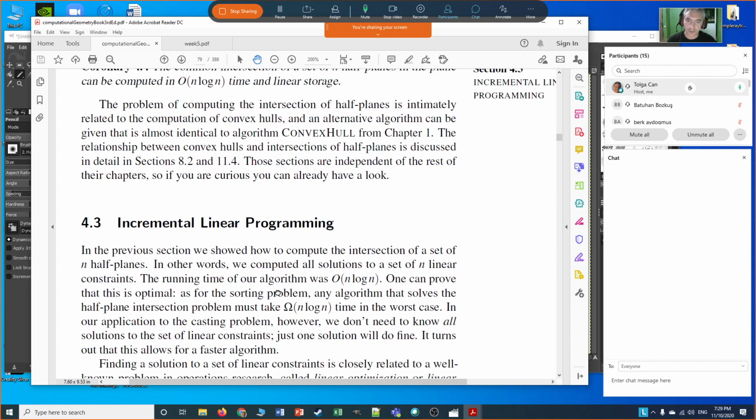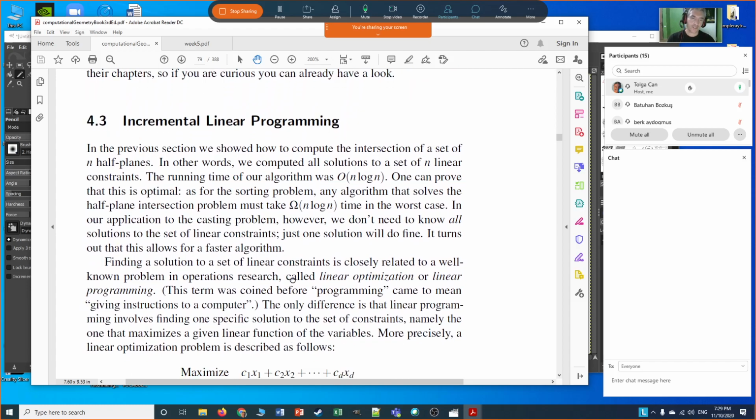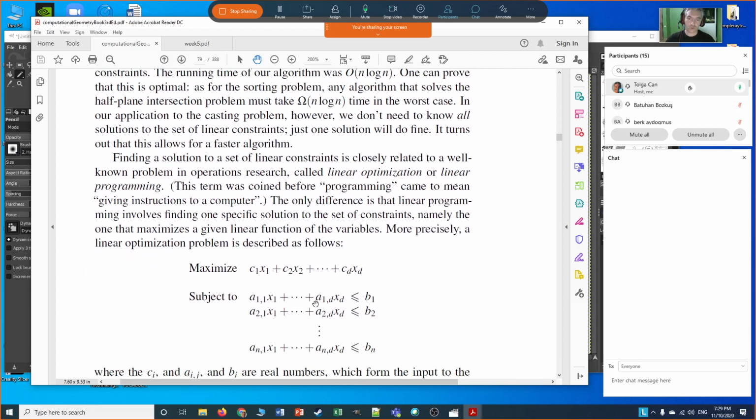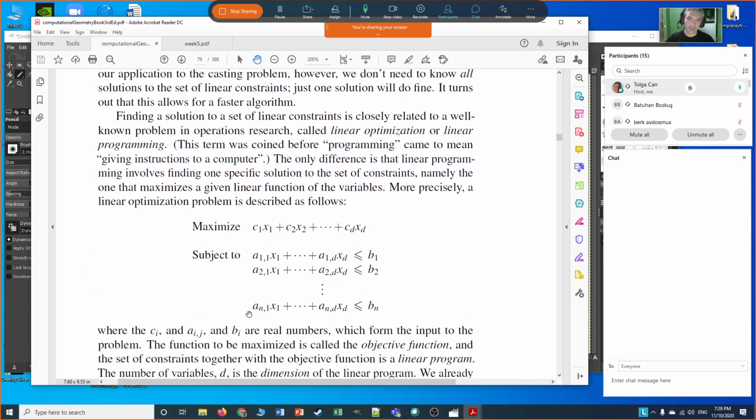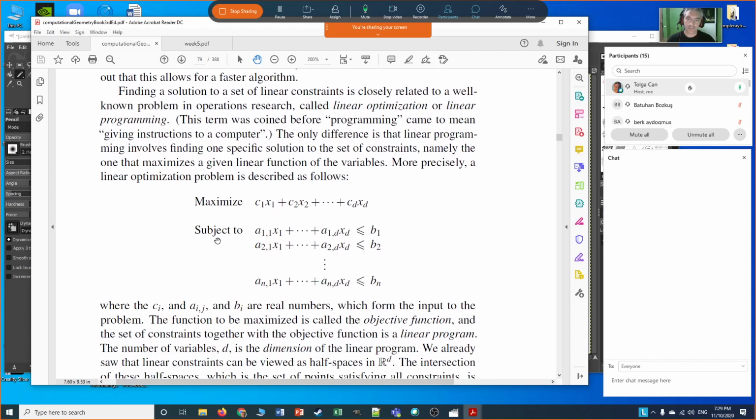Now, here is the part that I'm interested in, because linear programming is our focus in this chapter. And what we are going to do is try to solve this problem. This is a linear problem in D dimensions. This is a D-dimensional linear program. In general, we have linear constraints on the variables. As you can see, they have different coefficients.